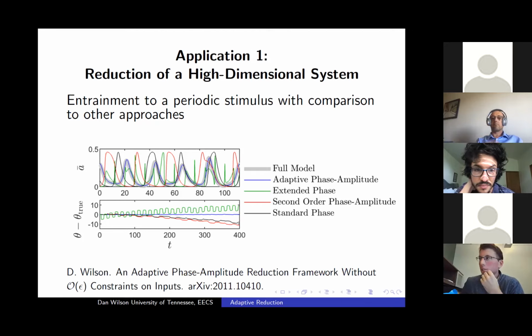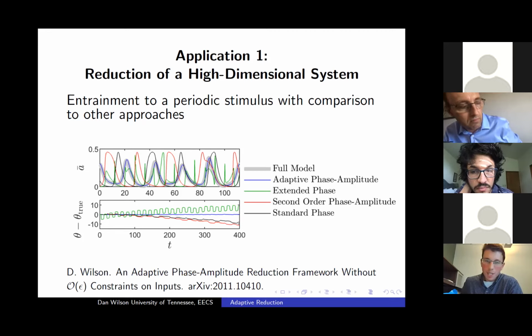Well, that's a good question too. Both first and second order are based on asymptotic expansions about the periodic orbit. And once you go beyond those asymptotic expansions, all bets are off. And so the magnitude of the input is so large that it doesn't work for first order, it doesn't work for second order.